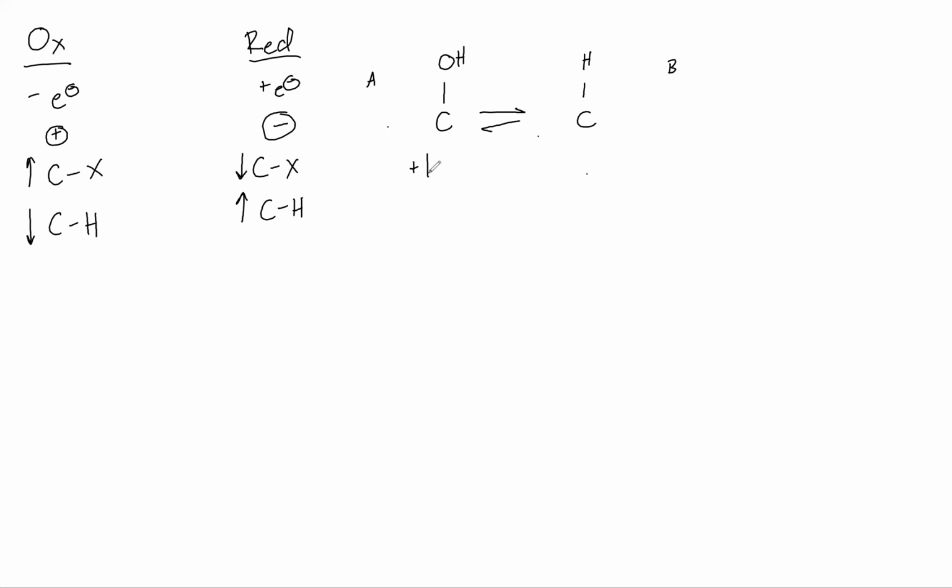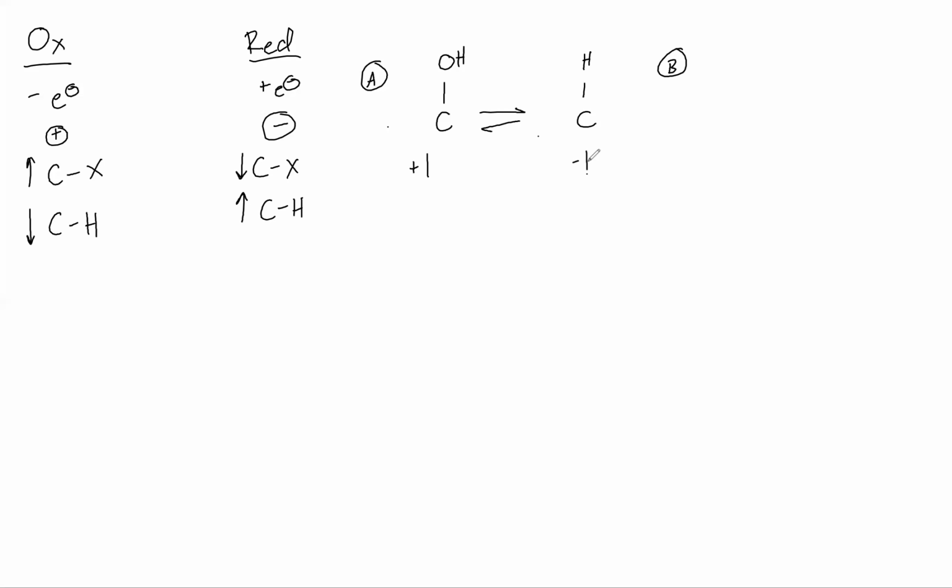Okay? If we look over here at carbon B, we can say the exact opposite. While usually we tend to describe carbon-hydrogen bonds as nonpolar, when we're talking about oxidation and reduction, we're going to consider the carbon to be more electronegative than the hydrogen. So it's going to become partially negative. For every carbon-hydrogen bond, we're going to say it has a -1.